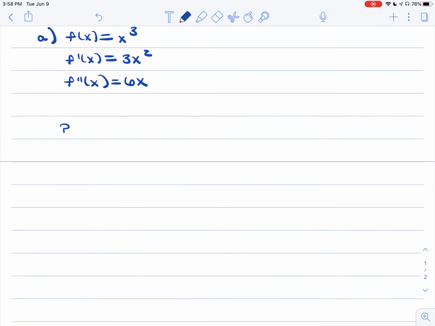Okay, so then we're looking for our possible inflection points. And these are going to be where that second derivative is equal to 0. In this case, it would just be at x equals 0.